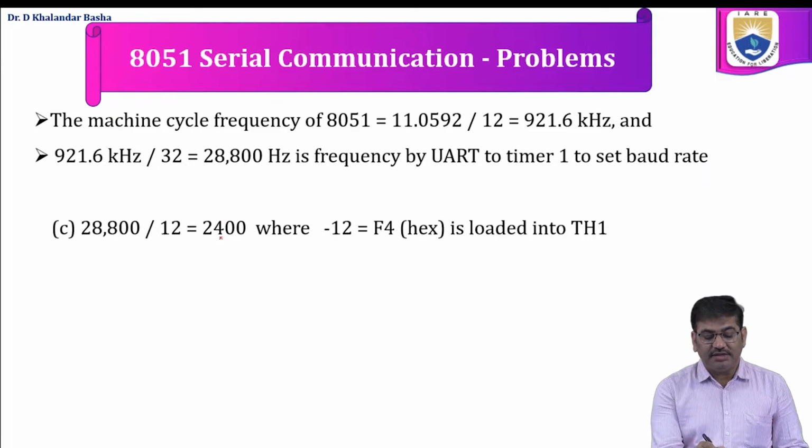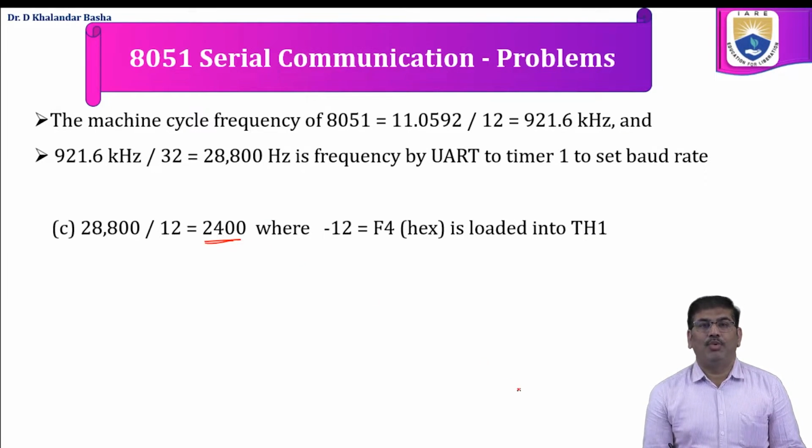The third case is we want to generate a baud rate of 2400. The machine cycle frequency of the 8051 microcontroller is given by the oscillator frequency, 11.0592 megahertz, divided by 12, which is going to give 921.6 kilohertz.